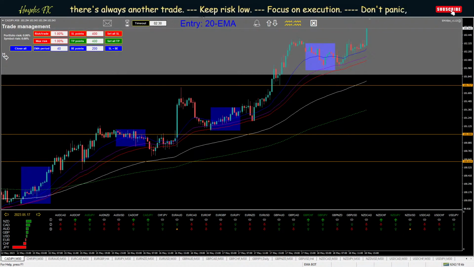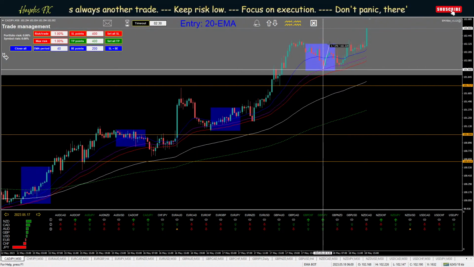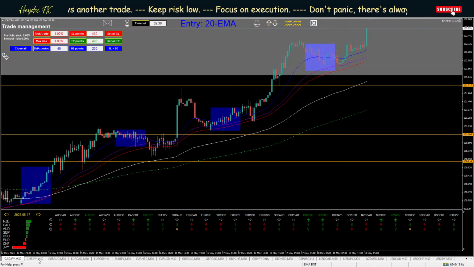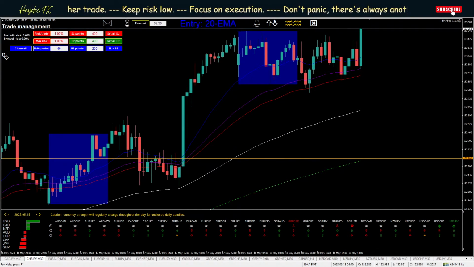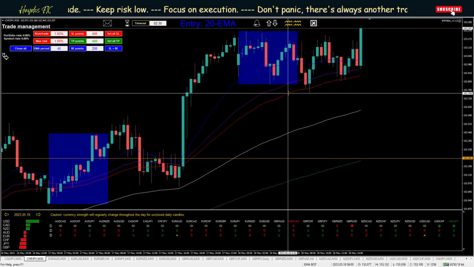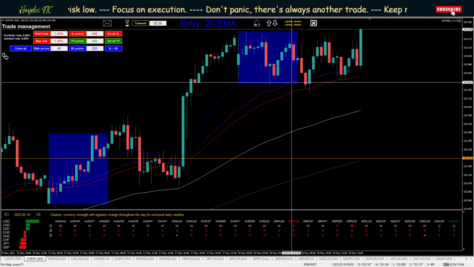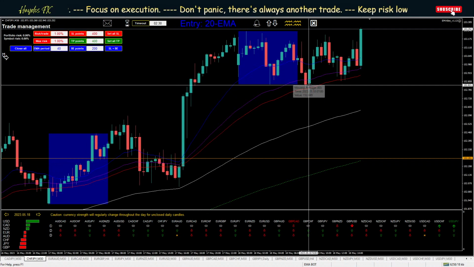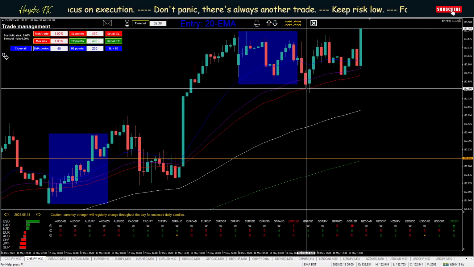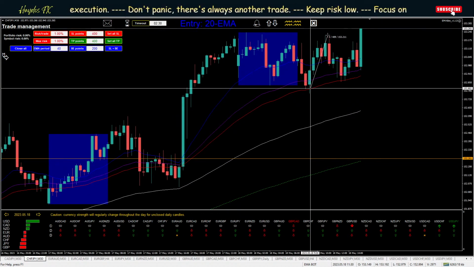Unfortunately, I really should have just taken it from here, because that would have been beautiful. And same for Swiss yen, I had it from the 50, but I had it to stop looking at the end of this blue box, so it came in about an hour later. Then that would have also been beautiful.